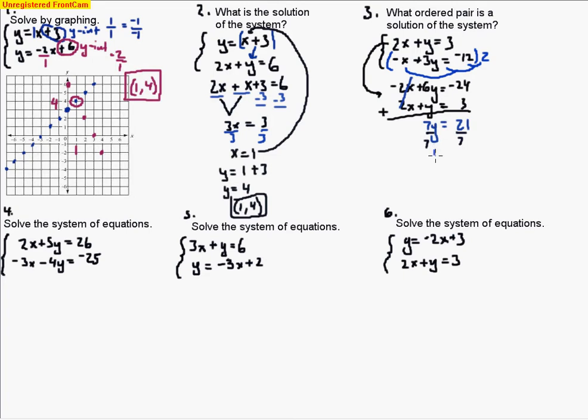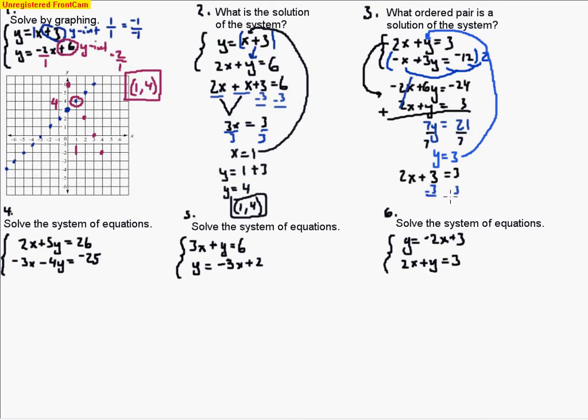We still need to find the other part, the other value, which is x. So I'm going to take that 3, put it in place of y in one of the equations. I choose to put it in that top equation. So we'll rewrite what we've got, 2x plus y. But in place of y, we put 3, because that's what y equals. Well, when I do some work there, I'm going to subtract that 3 from both sides.